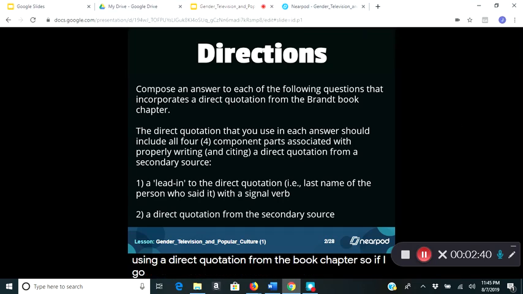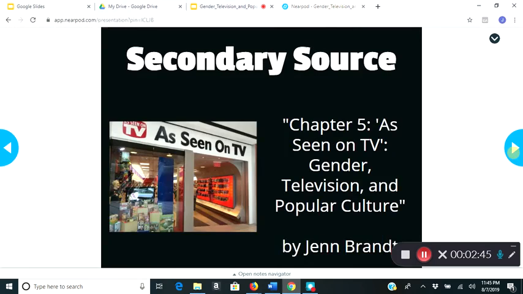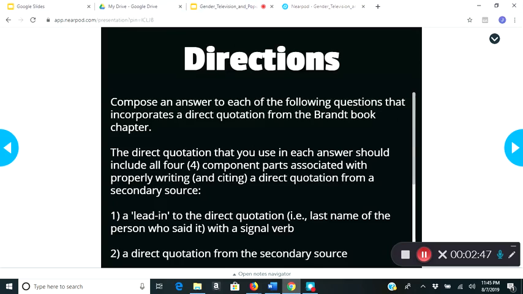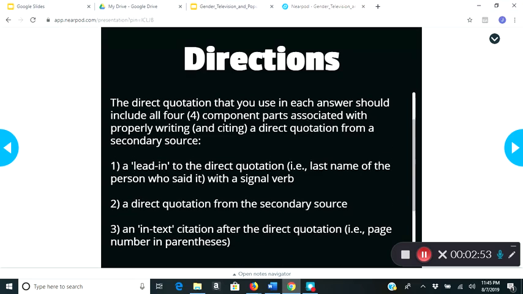So if I go back to Nearpod, and you can't see it all here, but if you go to Nearpod, they can see this part. I tell them, and we had been practicing this prior to this lesson, so they know that direct quotes are supposed to have 4 component parts.